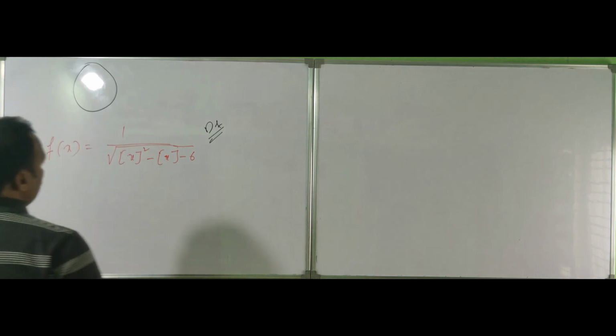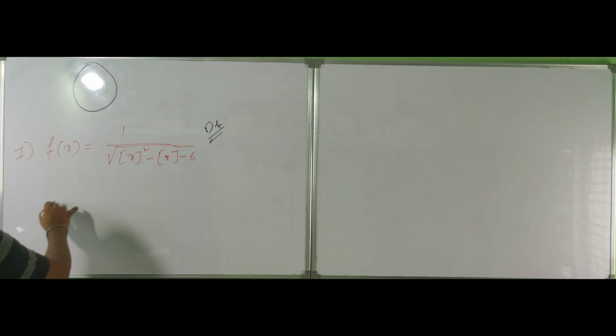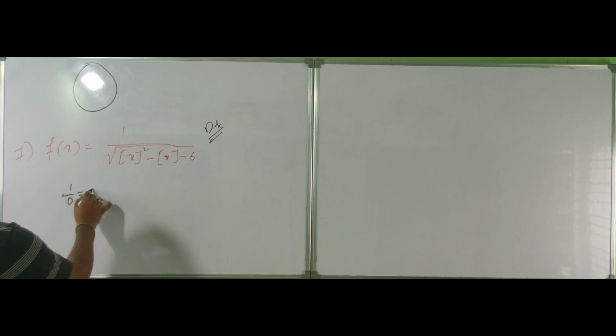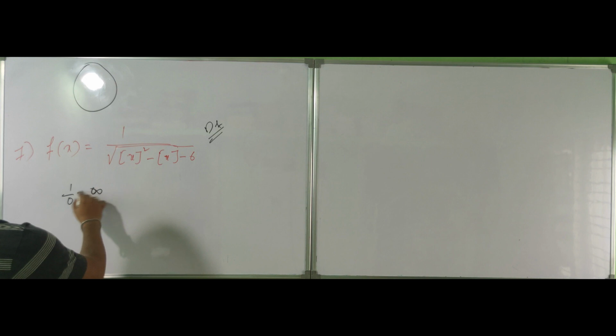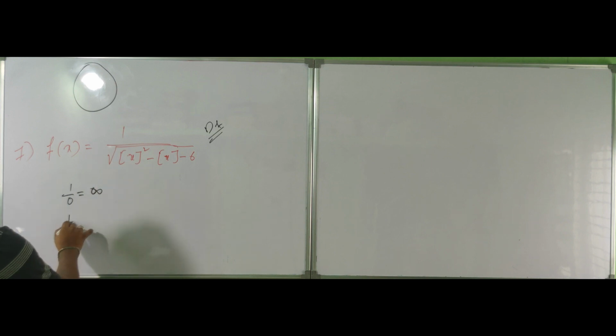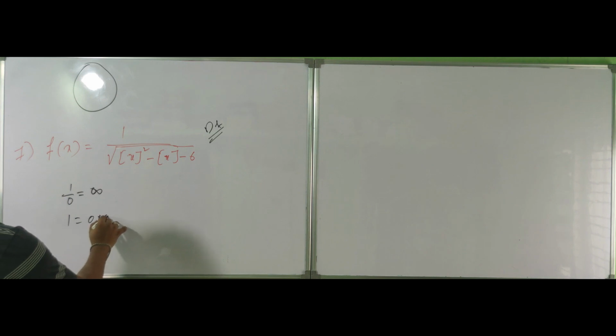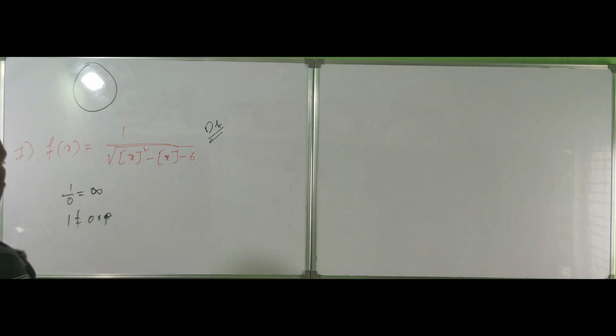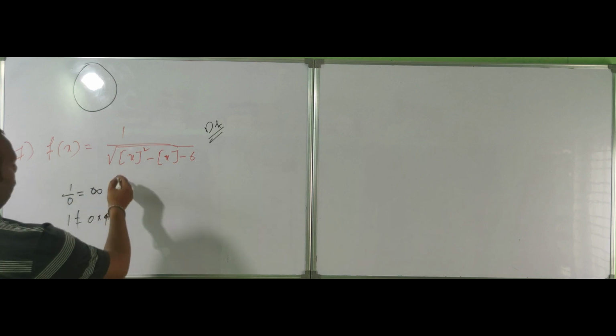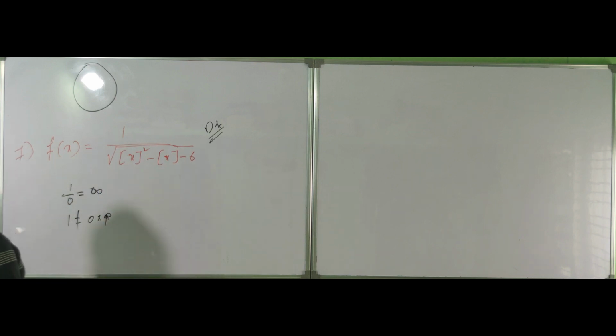Here, 1 over 0 is not defined at all, because 1 cannot be written as 0 times any element. That's why this function should not become 0. This should always be greater than 0.